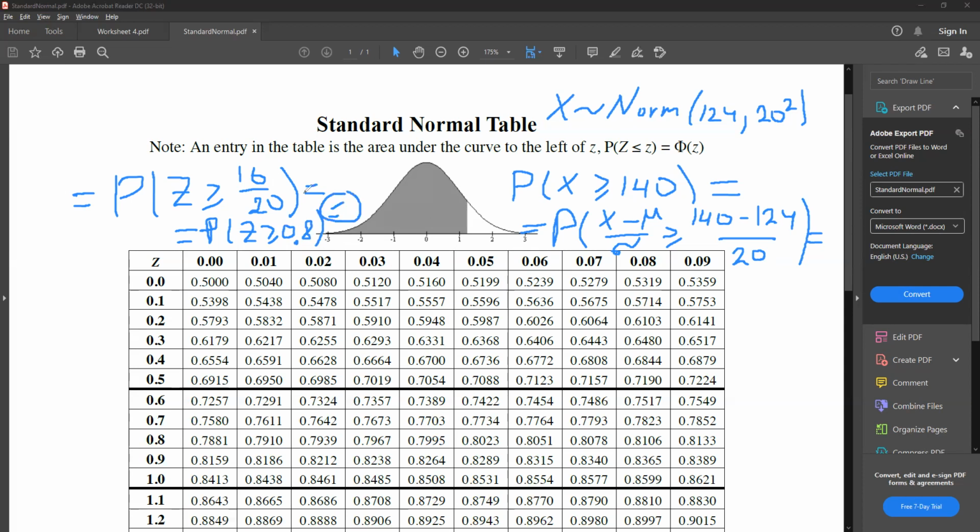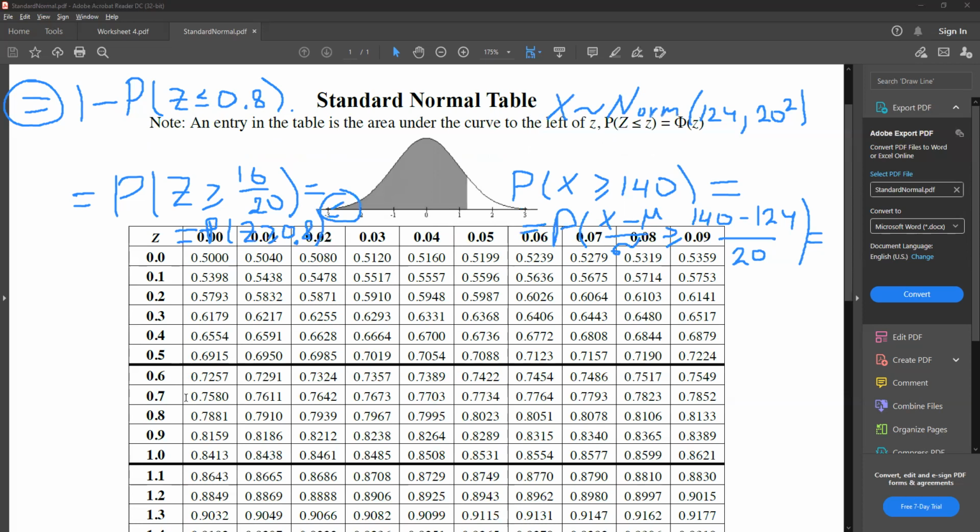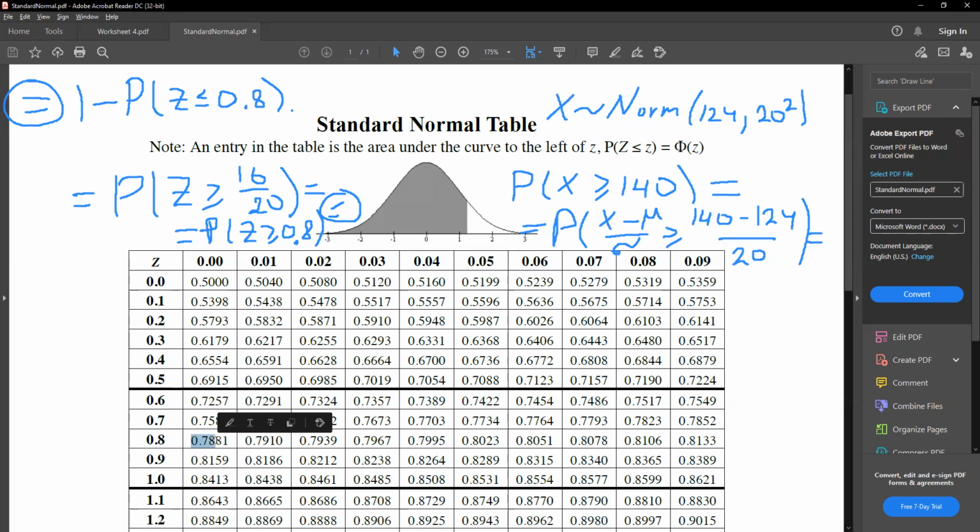Let me write it here: 1 minus the probability that Z is less than or equal to 0.8. So let's find this value, 0.8 here, and this is 78%. 1 minus that, you can see, guys, that we get the same value as we calculated using spreadsheets and R. Okay.